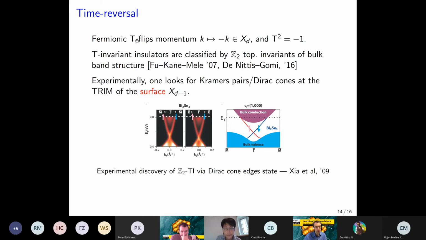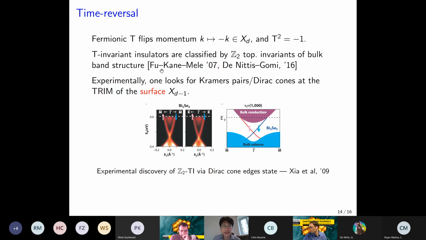And in that situation, there's an extra ingredient, which is very important, which is that of fermionic time reversal. What fermionic time reversal does is it reverses momentum. So if you have momentum k, a state with momentum k becomes a state with momentum minus k. And importantly, it's not an involution, it squares to minus 1.